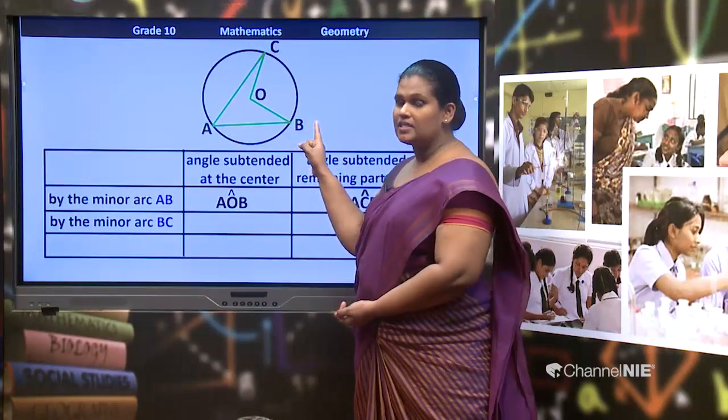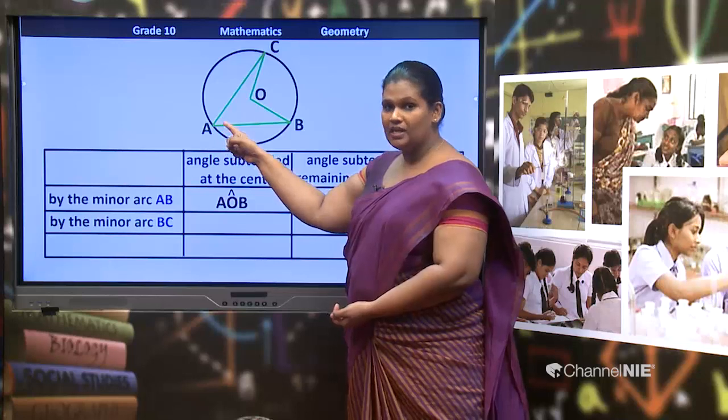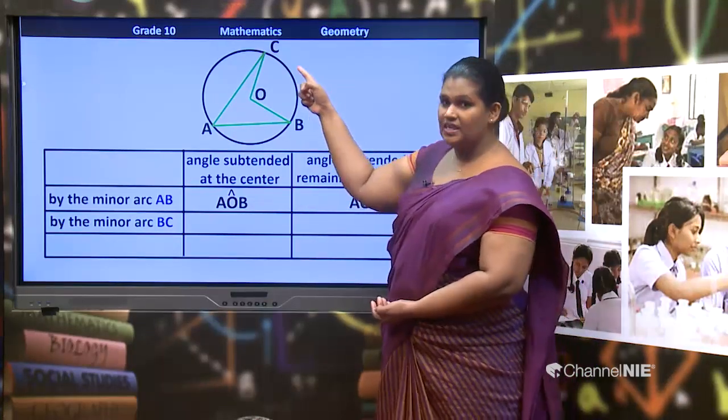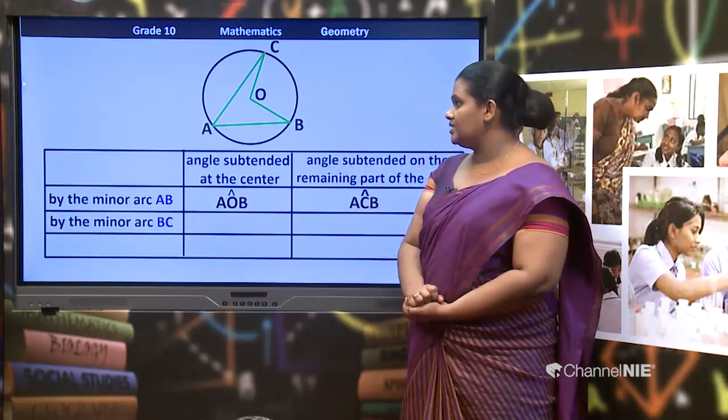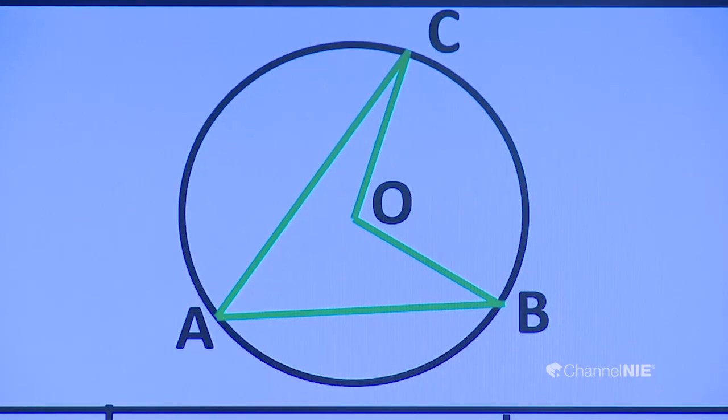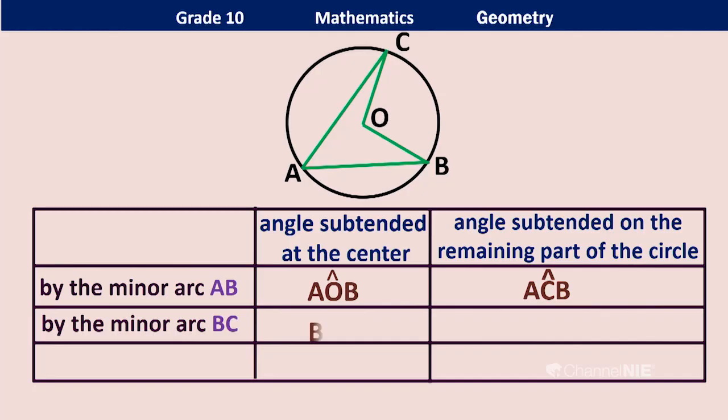Now, the angle subtended on the remaining part of the circle by the minor arc BC can be considered as angle BAC. Right. So, we have got the answer for that as well, that is angle BAC. Right. Then the next one.